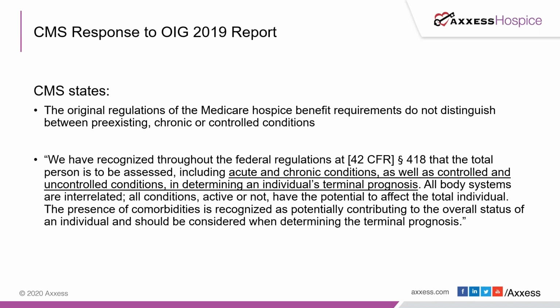They're saying acute and chronic conditions, controlled and uncontrolled conditions are all part of determining a prognosis, and all body systems are interrelated, and all conditions have the potential to affect the total individual. So all of these comorbidities and secondary conditions need to be considered. And it looks like from in here, they're saying probably considered to be related.